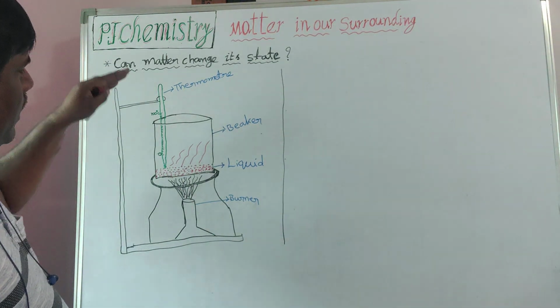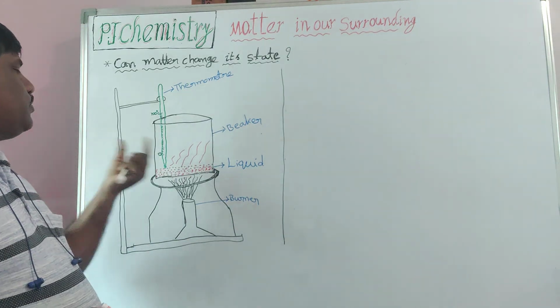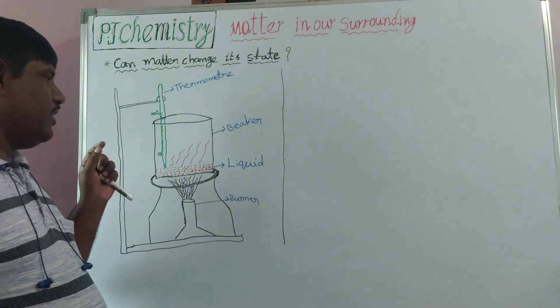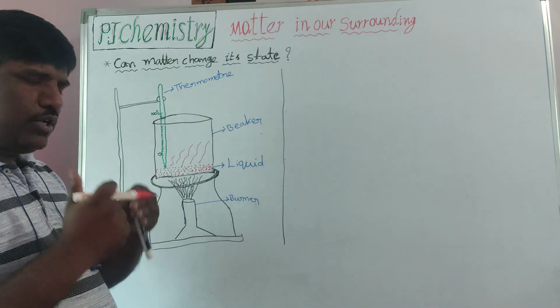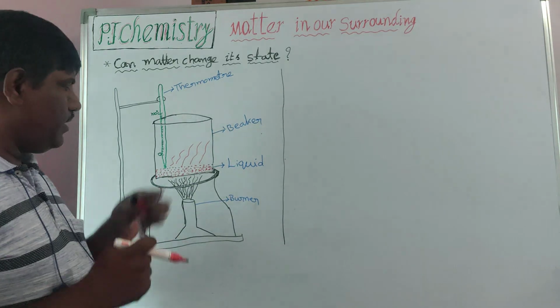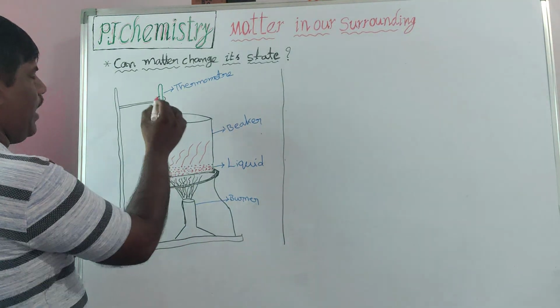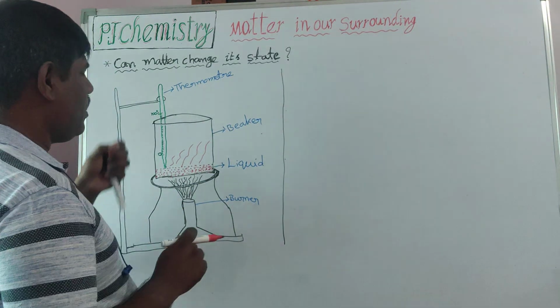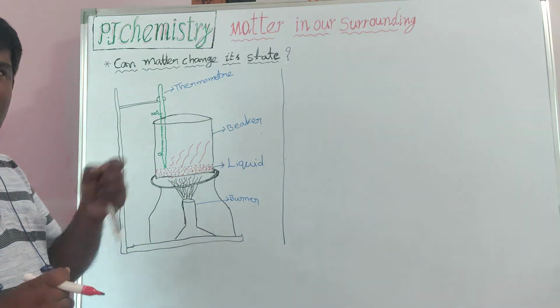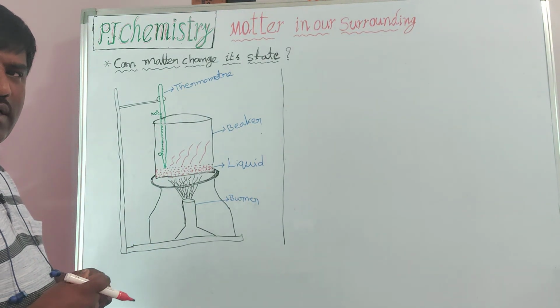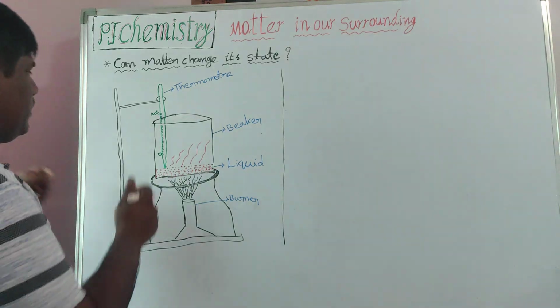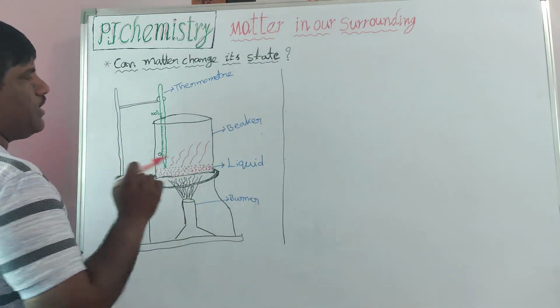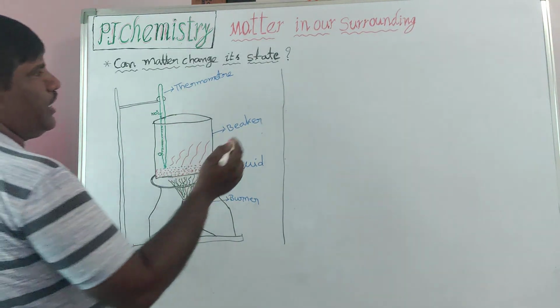Once the heat reaches 100 degrees Celsius, the surface molecules start to evaporate. That means at 100 degrees Celsius, water reaches its boiling point, and that is what we call boiling.